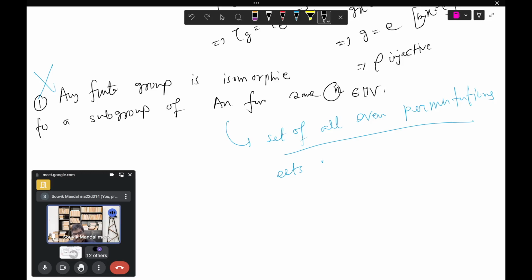Okay, that's the basic introduction of group action. There are some more things which we will see in the third or fourth lab session, but not today.